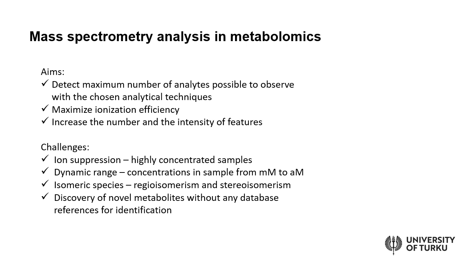In some cases, part of those compounds can be very efficiently ionizing. So what happens is that they sort of take all the charge in the ionization process, and then some components that are not as easily ionized as the dominating ones will have their ionization efficiency suppressed, those that are co-eluting.